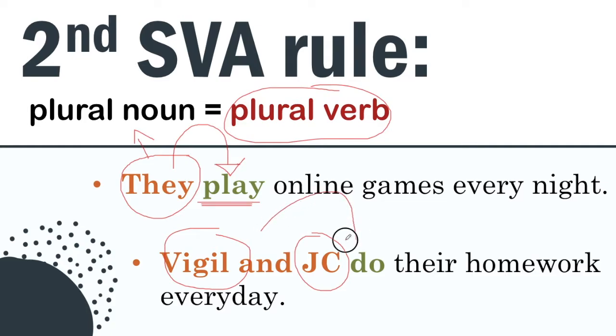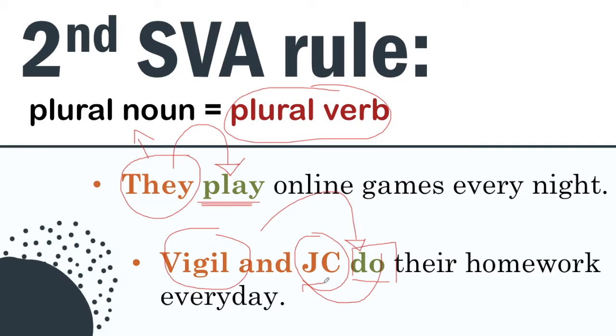So our verb should also agree. Therefore, we use do, right? We do not use does, okay? Because does, again, is a singular verb. We use do now because we are talking about two subjects here, all right? I hope you got that too.